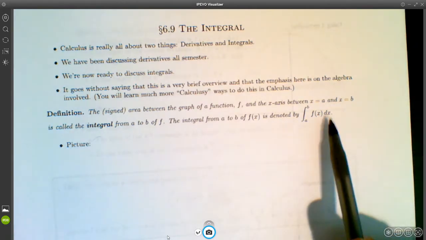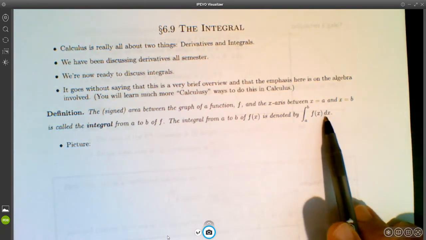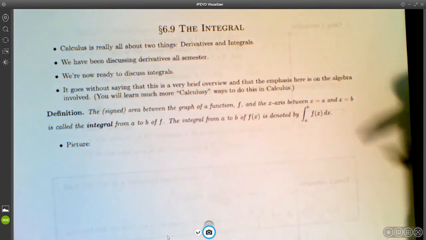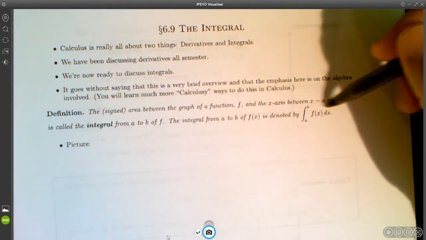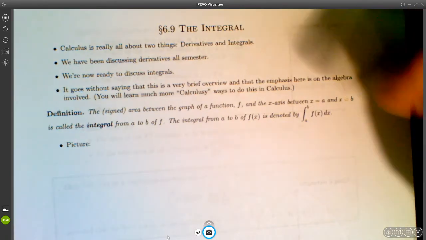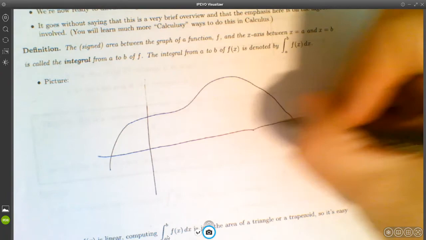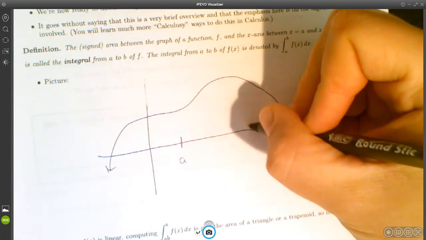This little dx part of the integral denotes a small change in x, and we'll talk about why we have that symbol at the end of the integral maybe a little bit later on. But really, you'll get more detail on that in calculus. So here's a picture, right? Let's say you have some function f that does some weird thing, and let's say that a is here and b is there.